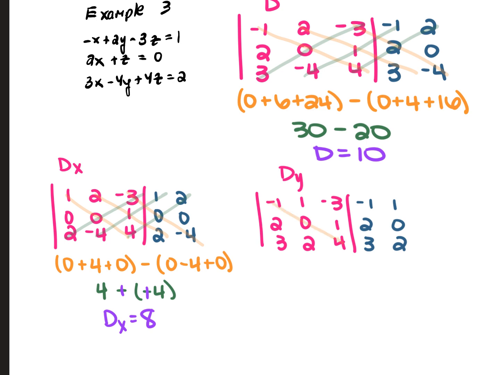Multiply your negative 1 times 0 times 4 is 0. Your 1 times 1 times 3 is 3. Your negative 3 times 2 is negative 6 times 2, which is negative 12.